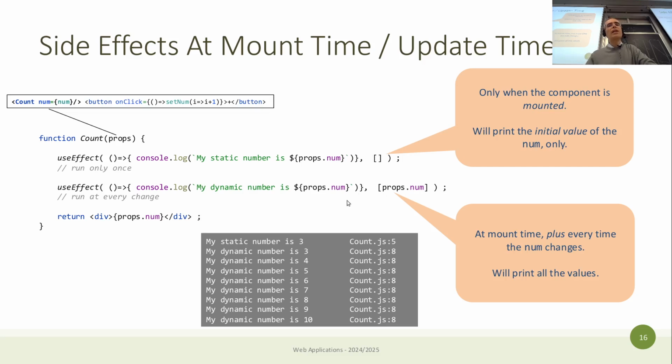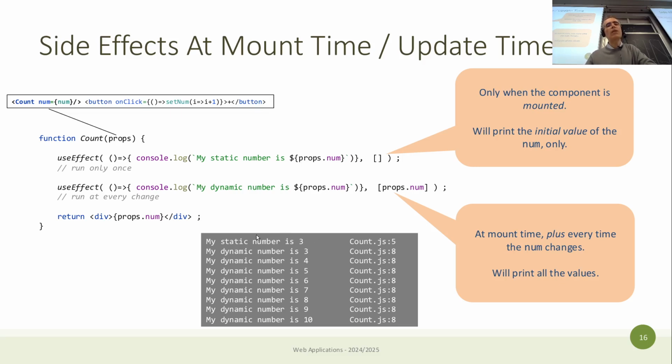And the other times that the num changes, every time the num changes from the previous value, React with the useEffect remembers the previous value, you just run the code, and so you print the my dynamic number is, and so on.